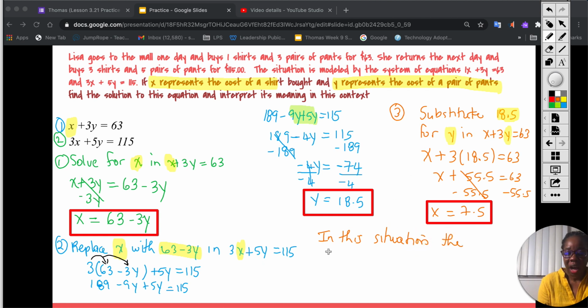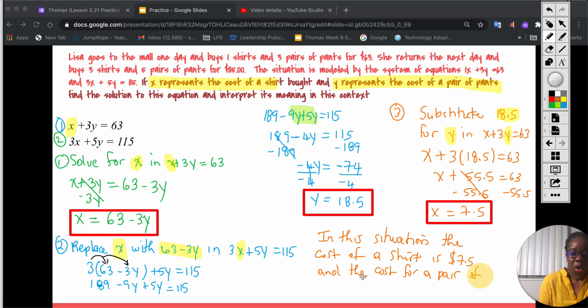The cost of a shirt is $7.50, and the cost for a pair of pants is $18.50.